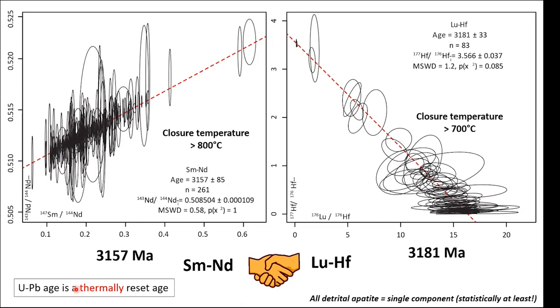And our uranium-lead age is a thermally reset age, so it's not a crystallization age of the apatite. And we can also assume that all our detrital apatite is from a single component. This is very much supported by the similar ages we've obtained from these two separate isotopic systems.